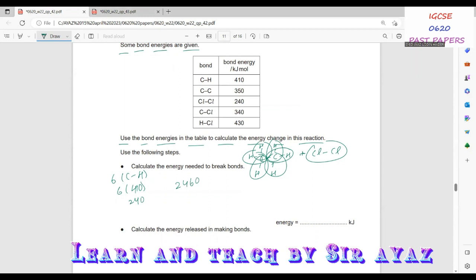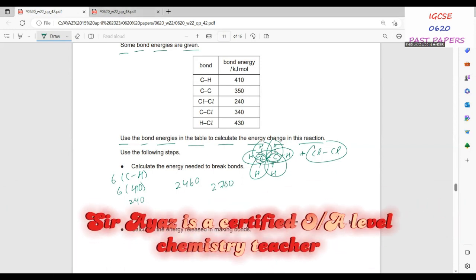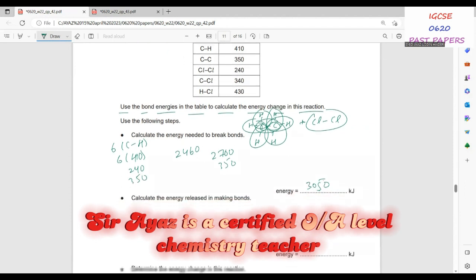And we have 1 Cl-Cl bond, so we have 2460 plus 240, which is 2700. And we also have a CC bond, so we'll add 1 CC bond here, also 350. So add 350, we will get 3050 kilojoules. So this is the energy required to break the bonds.